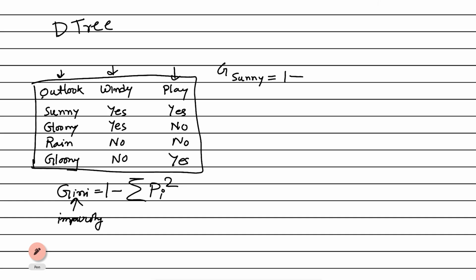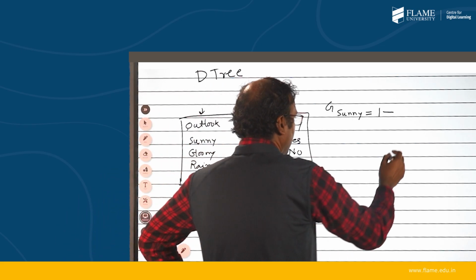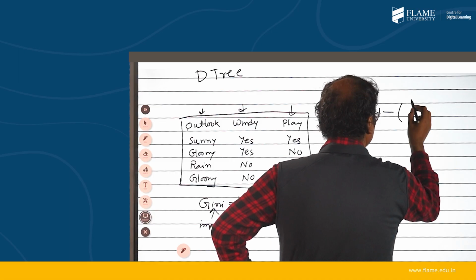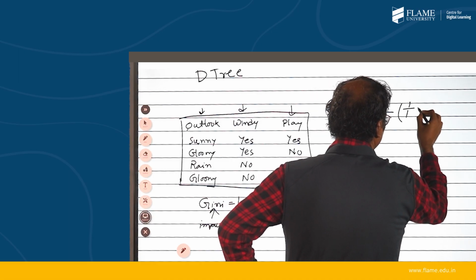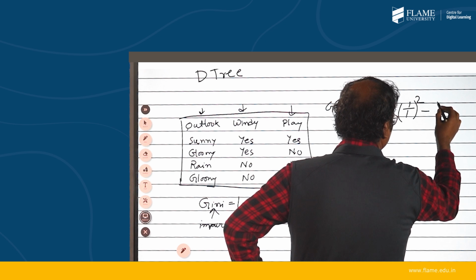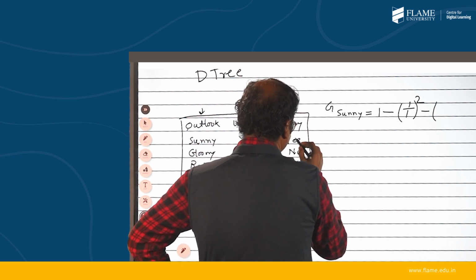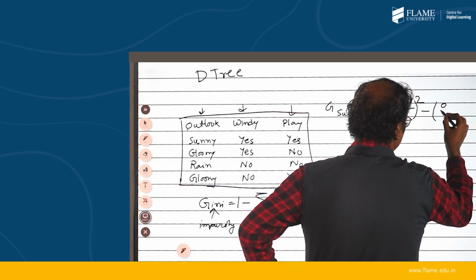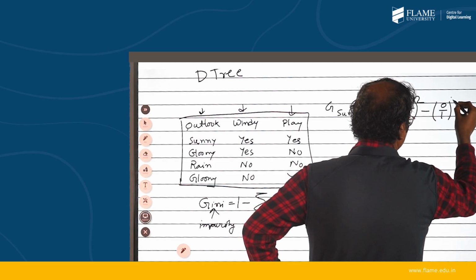But under sunny, only one case is there. So how many success cases are there? One success case, so 1 by 1 total case, squared, minus, because there is no case related to no or failure, I put 0, and because total case is 1, 0 by 1 squared.